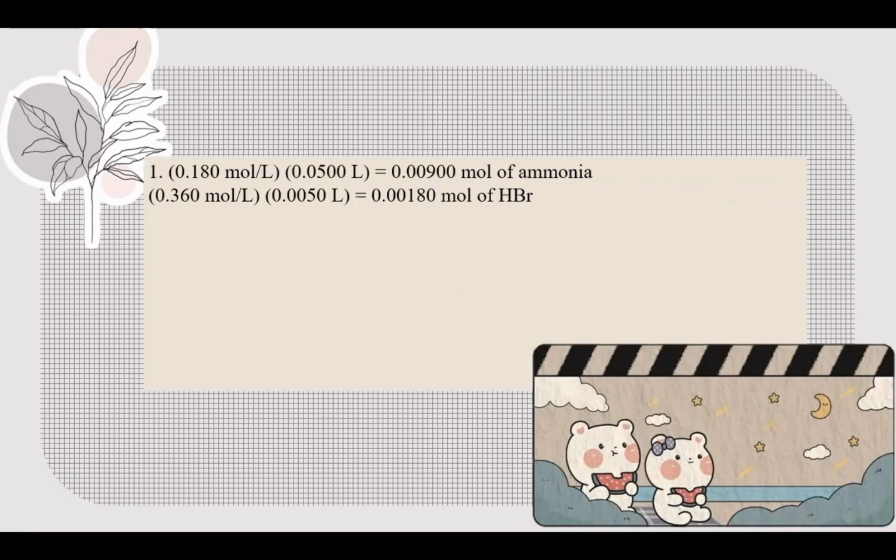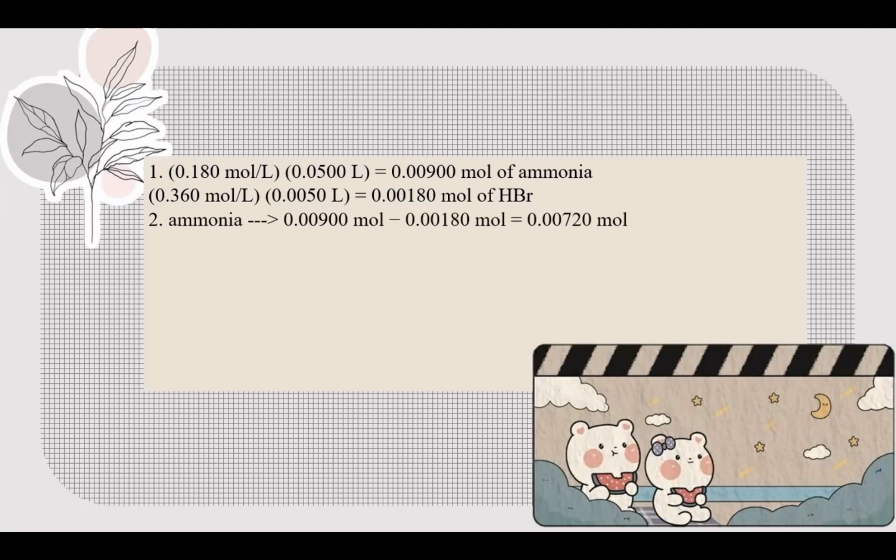First, we determine the moles of each substance. 0.180 mole per liter times 0.05 liter is equal to 0.009 mole of ammonia. Next, for hydrogen bromide, 0.360 mole per liter times 0.005 liter is equal to 0.0018 mole of hydrogen bromide.